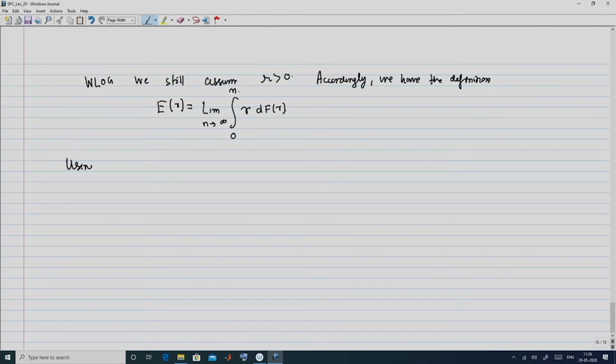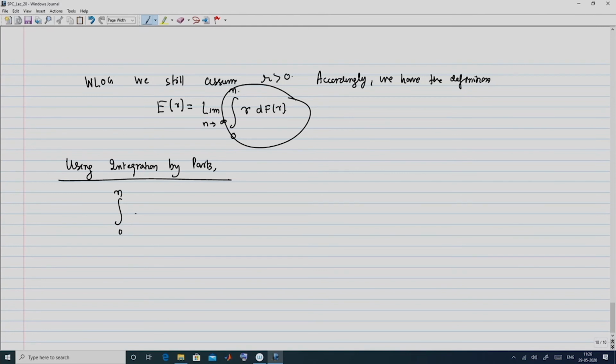So again, using integration by parts, what do we get? We look at the integral from 0 to n of R df of R. I take R to be the first function and df as the second function.